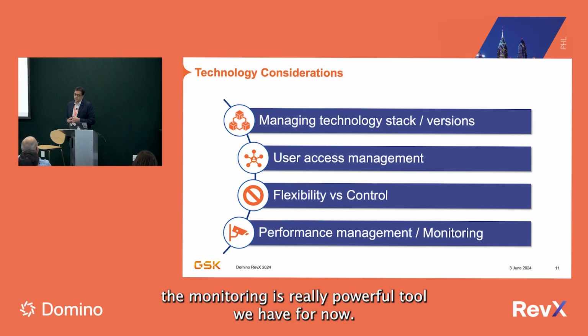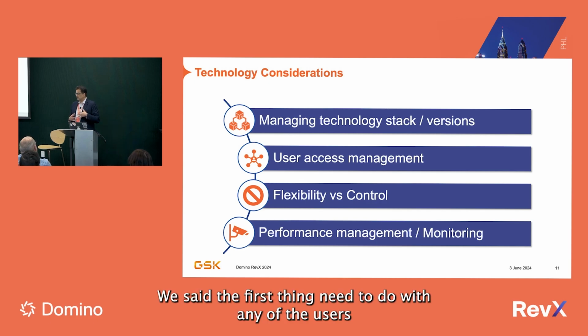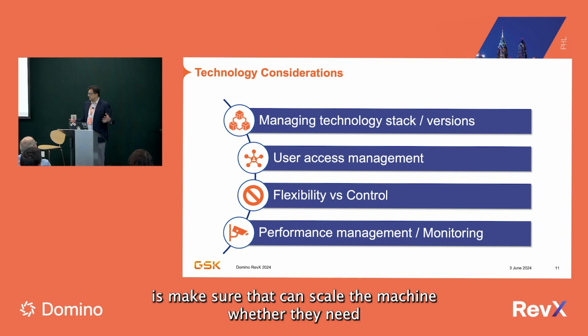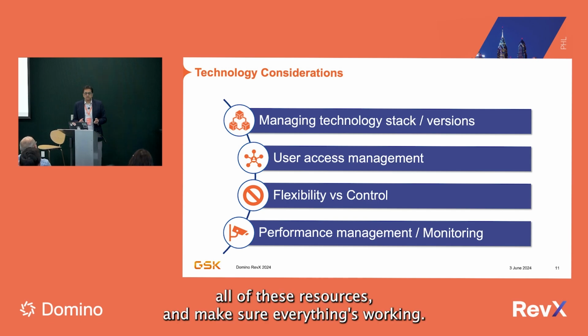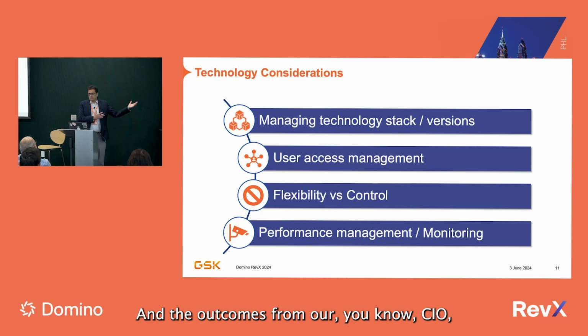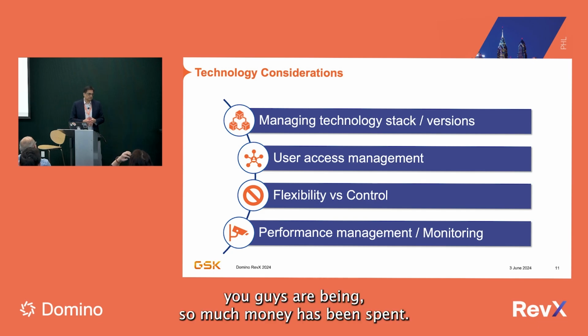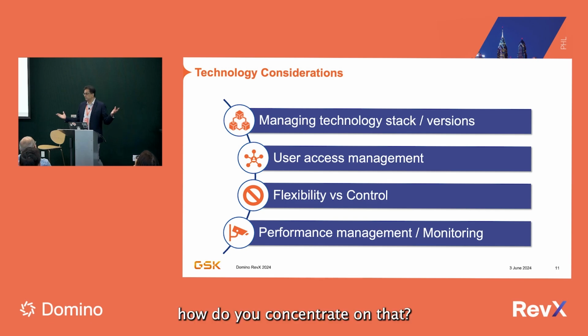And then product monitoring is really about cost control. With RevX, we said the first thing we need to do is enable the users, make sure they have the scale and provisioning level they need in these resources, and make sure everything's working. And then the CIO and others ask, so much money has been spent, how are we doing cost control?